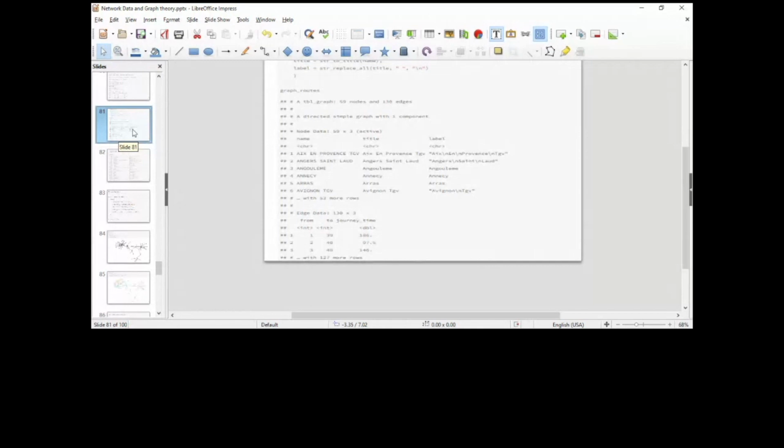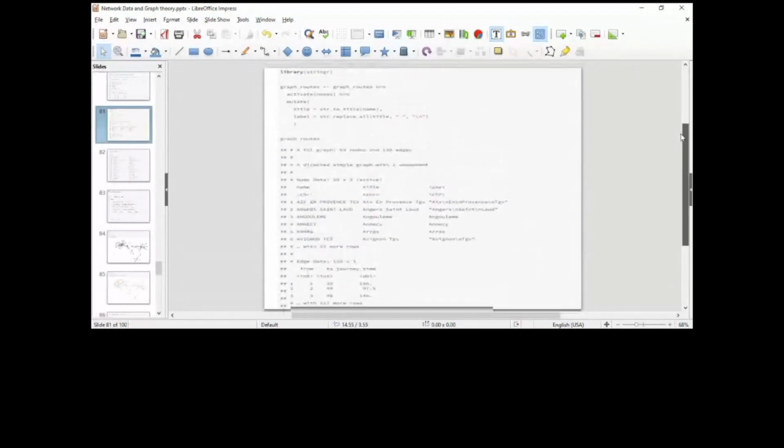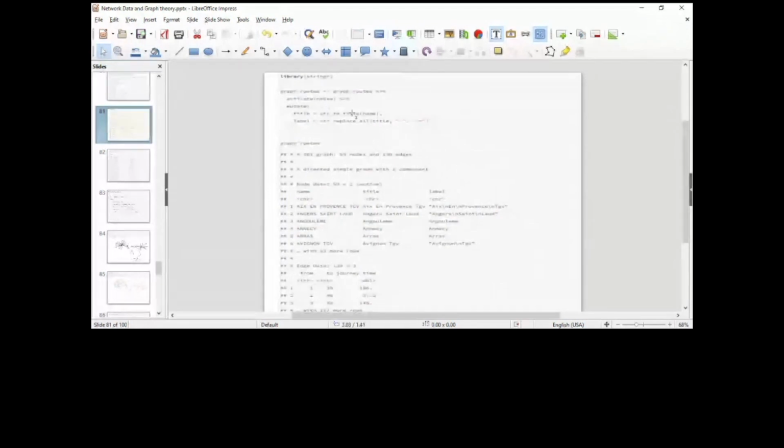Now, we split the route table into two. So we can now do a node data, which you can see here. Sorry, this is the query for you to split into two. So you now have the node. You can see it here, the name of the station, the title, and this is the label.